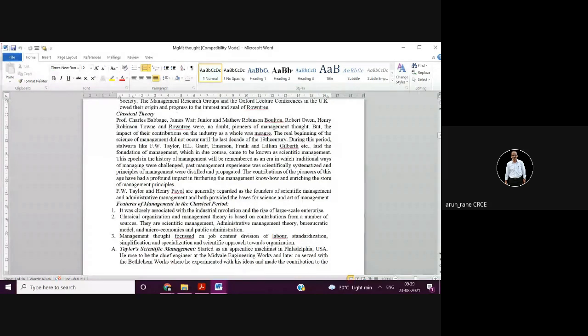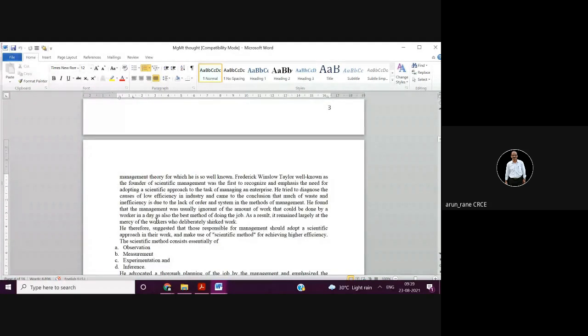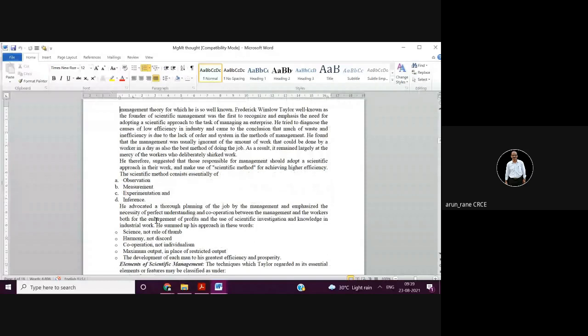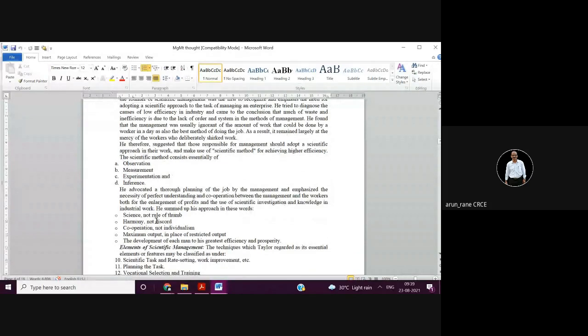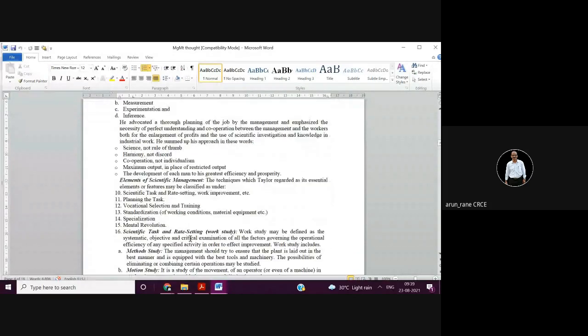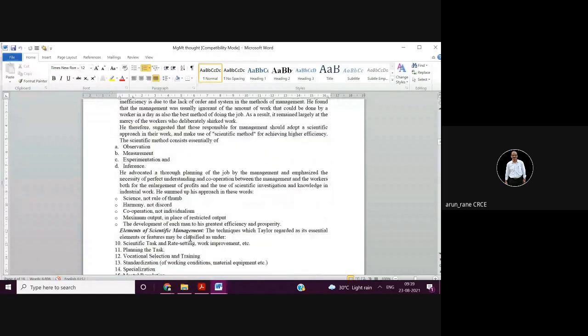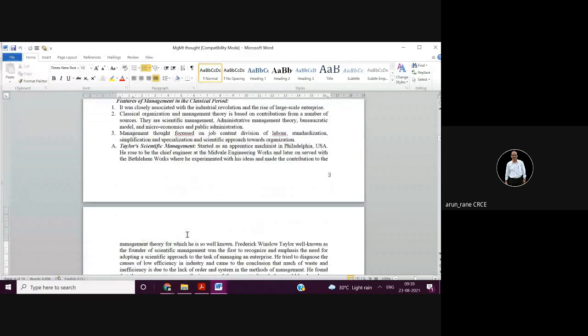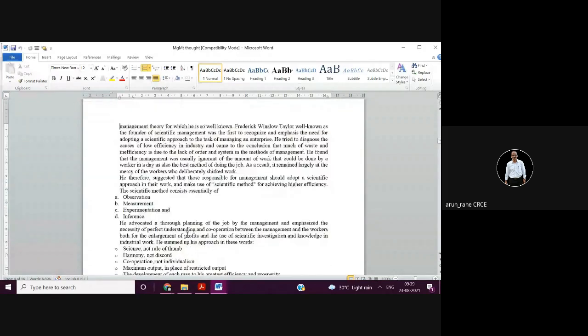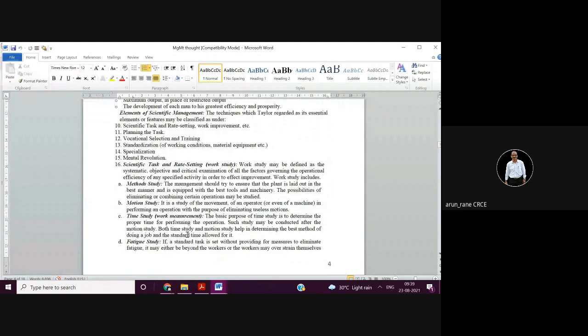What are classical theories? What are the features of management in the classical period? What are the different elements of scientific management, which was suggested by Taylor?